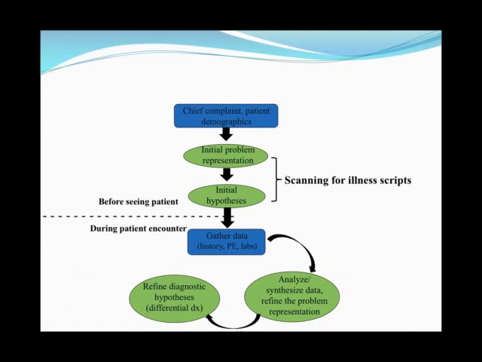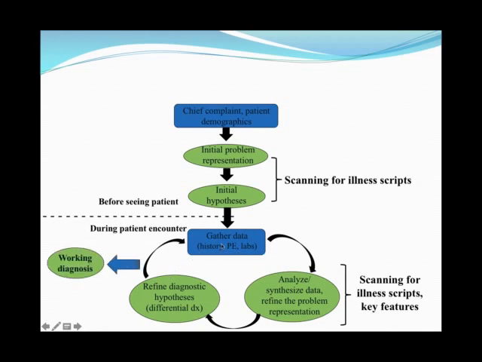And so we've gotten to a new diagnostic hypothesis, and really a differential diagnosis, meaning we want more than one diagnosis, multiple different diagnoses. At the same time, we're doing the same thing as above, scanning for different illness scripts and key features. And if we find that we need more data to come up with a better diagnosis, like nothing's fitting, then we go back and gather more data through the history, physical exam, or labs.